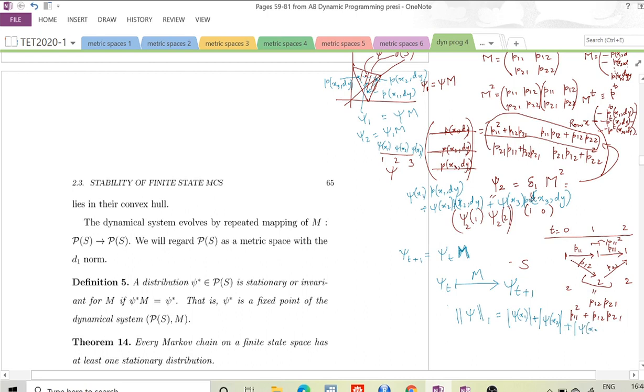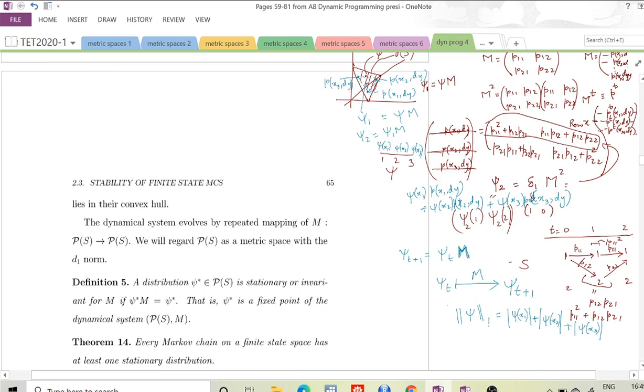So you will say, well, why are we really looking at this norm, even taking the absolute values? Because given that these are probability numbers, these are also all going to add up to 1, no matter what distribution you take, right? But this norm also induces a metric, right?